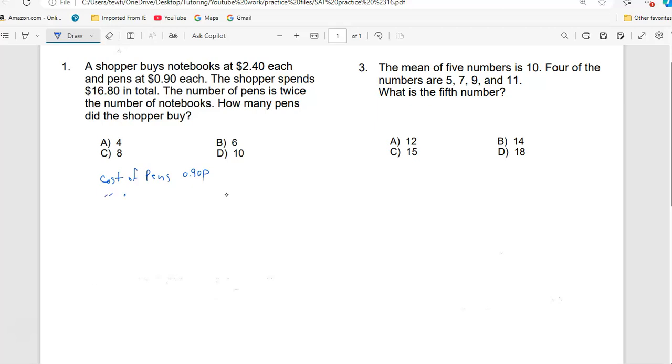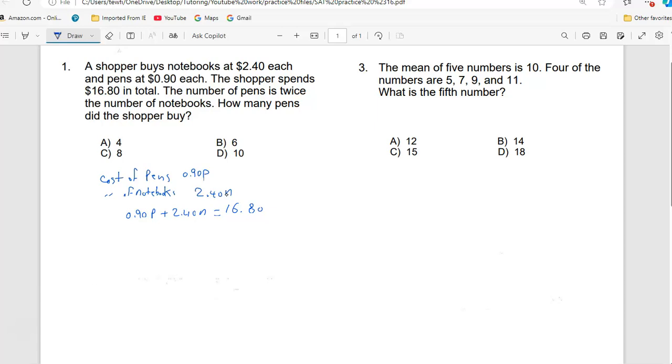And the cost of notebooks is equal to the number of notebooks N times the price of each one, so 2.40 times N. So if we write our equation, it will be 0.90 P plus 2.40 N equals the total cost, which is $16.80.